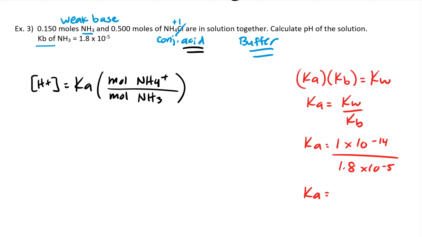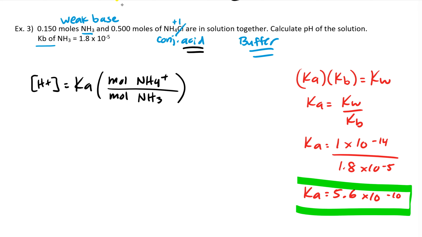So our Ka for this conjugate acid-base pair is 5.6 times 10 to the negative 10. So that's what I'm going to plug into our buffer equation.